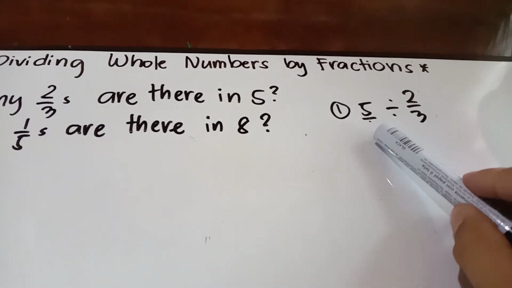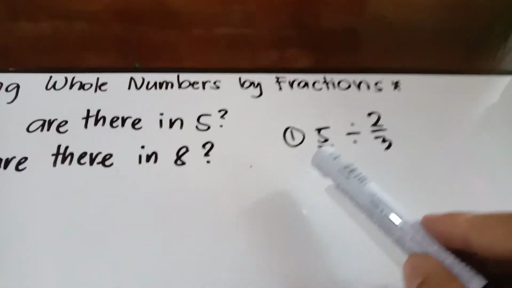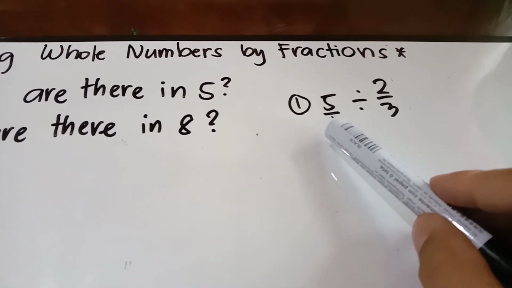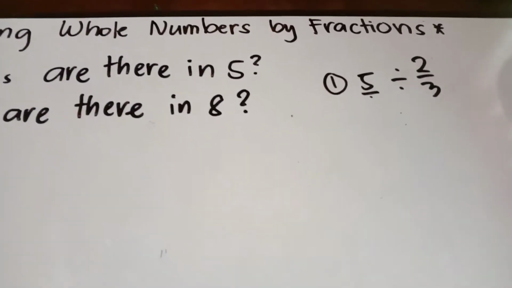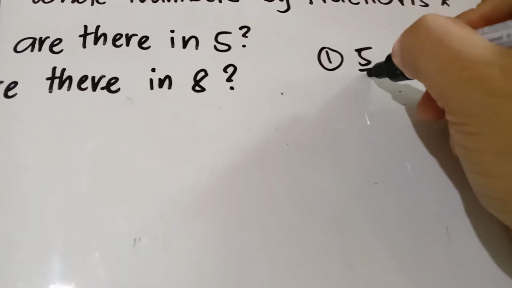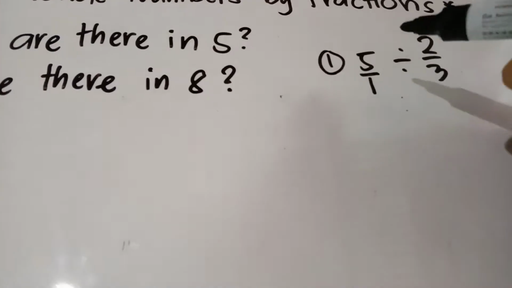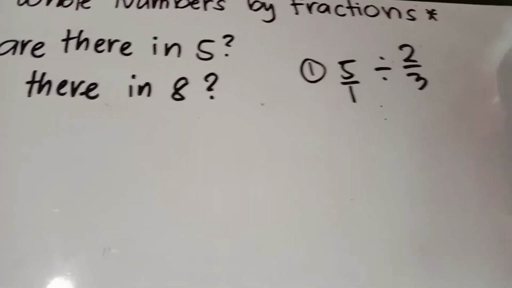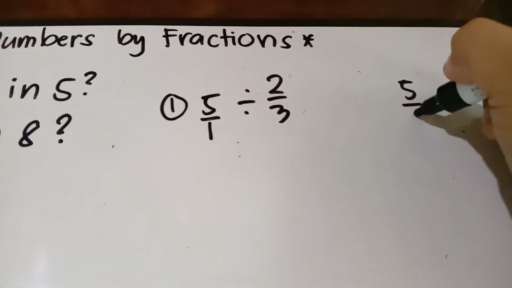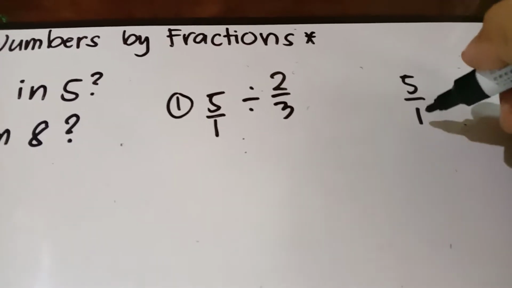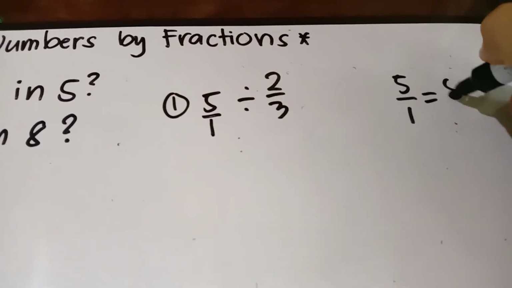And how are we going to write or make 5 as a fraction? Okay, by simply putting 1 as the denominator of 5. Since 5 over 1, or 5 divided by 1, is equal to 5.